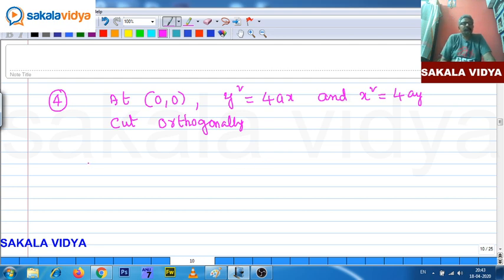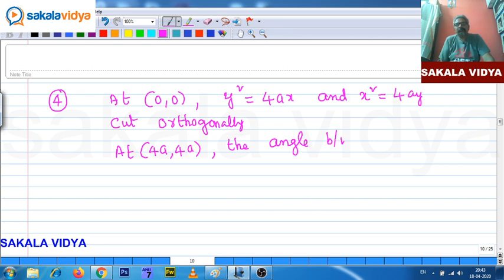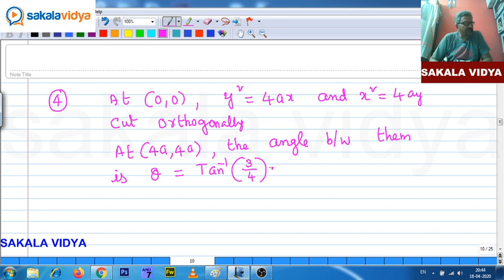So, next one, at 4a comma 4a, the angle between them is theta is equal to tan inverse 3 by 4. This is fixed, tan inverse 3 by 4.